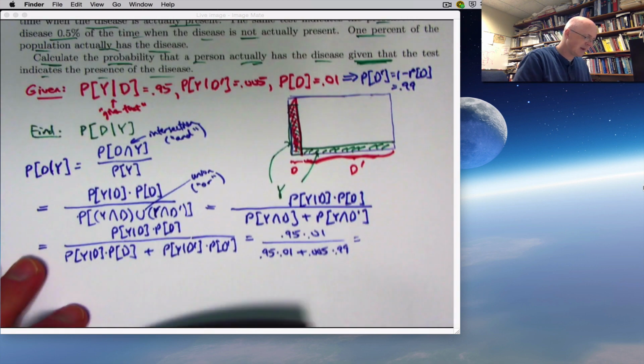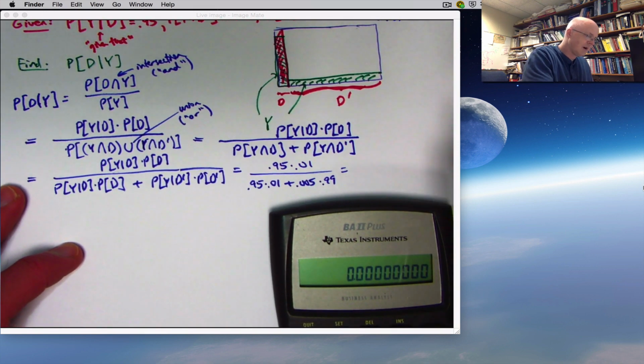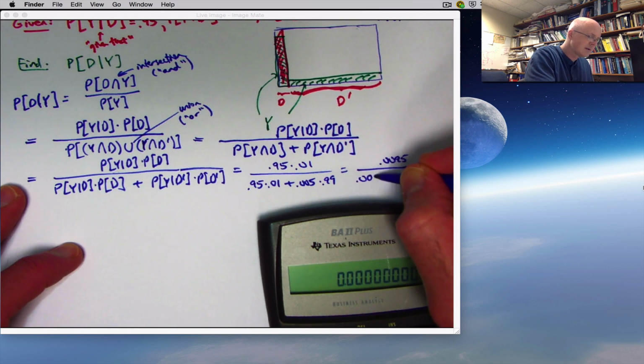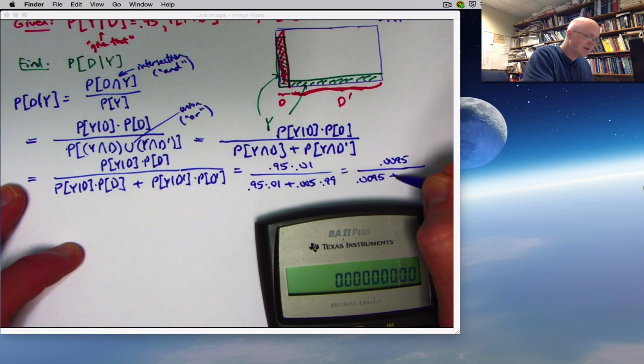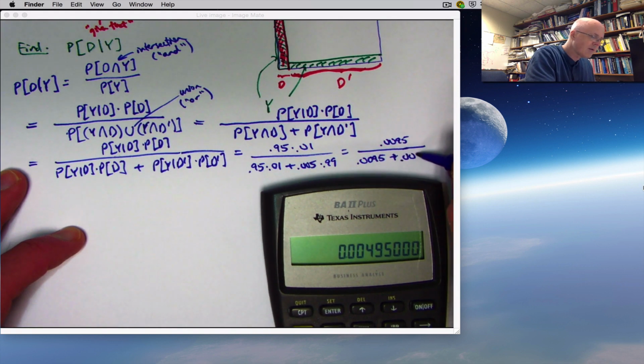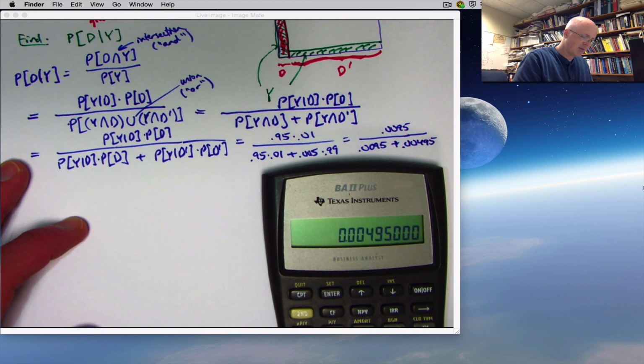Now just do these calculations. 0.95 times 0.01 is going to be 0.0095. And then I also have, in the bottom right there, 0.005 times 0.99, 0.00495, add 0.0095, and then take 0.0095 divided by that.